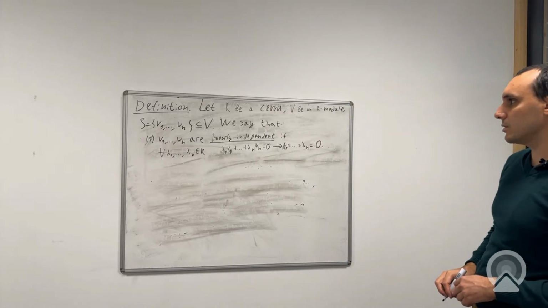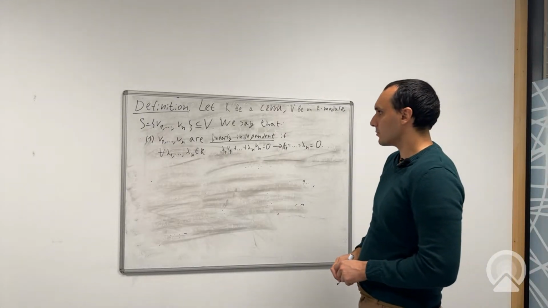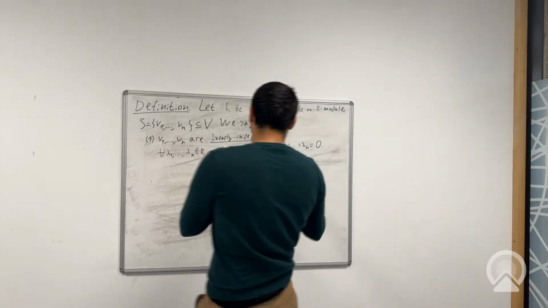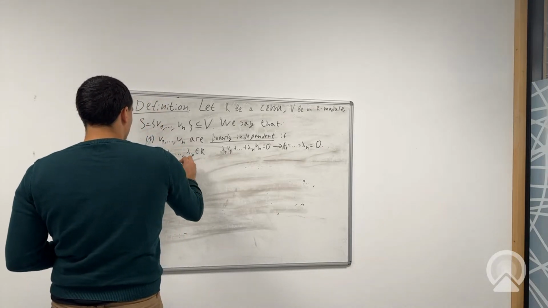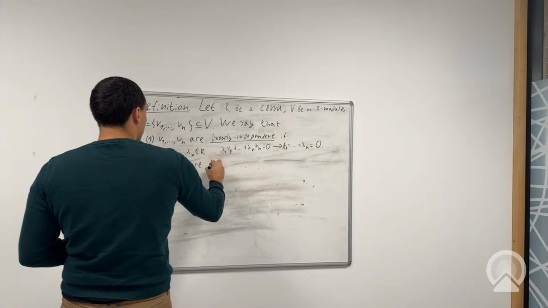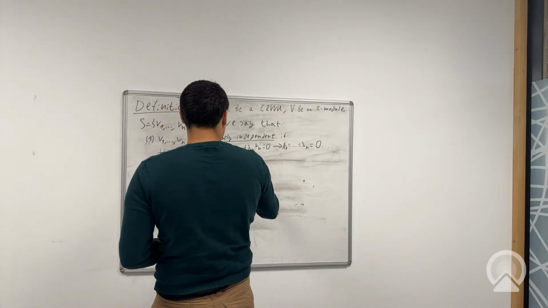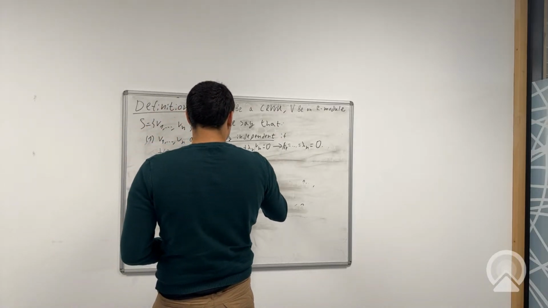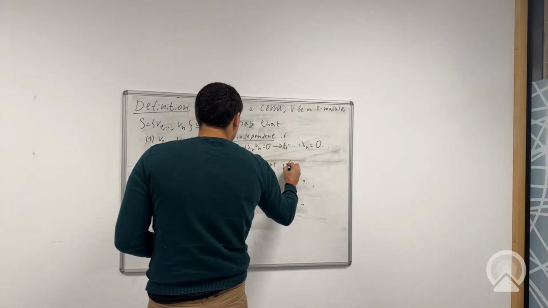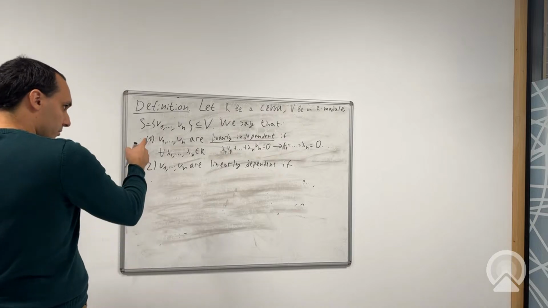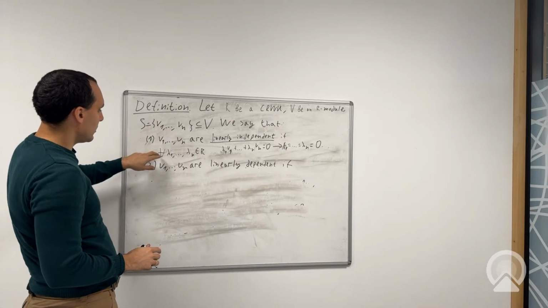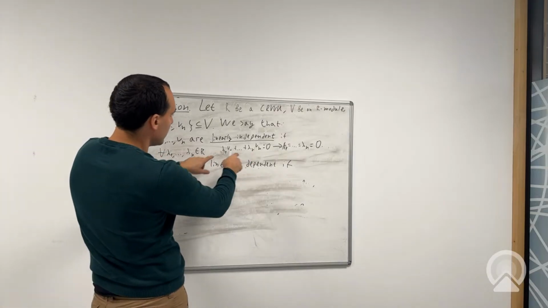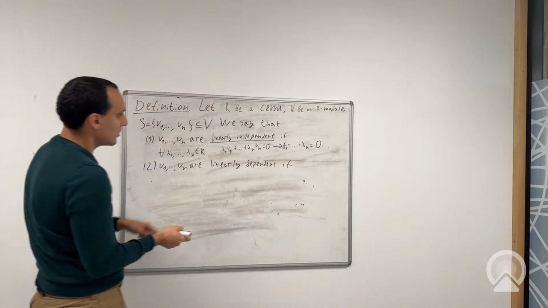The opposite notion is the notion of linear dependence. If we take the negation, v1 to vn are linearly dependent if, when you take the negation of a universal statement, it becomes existence, and the rest is negated.